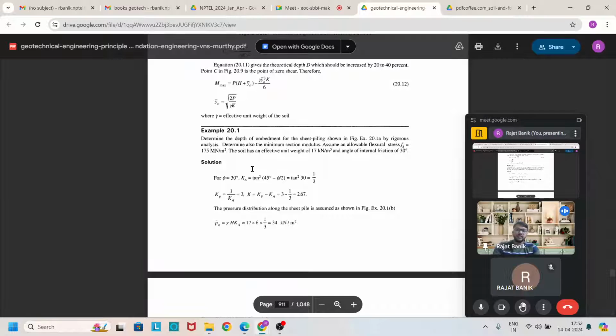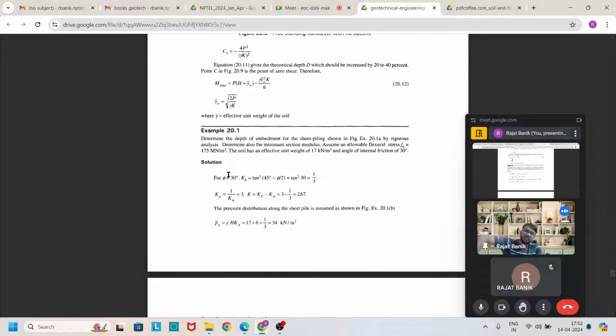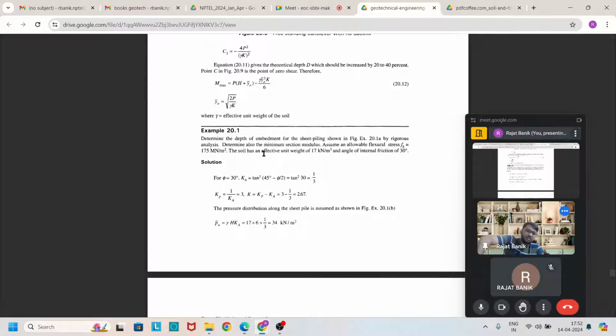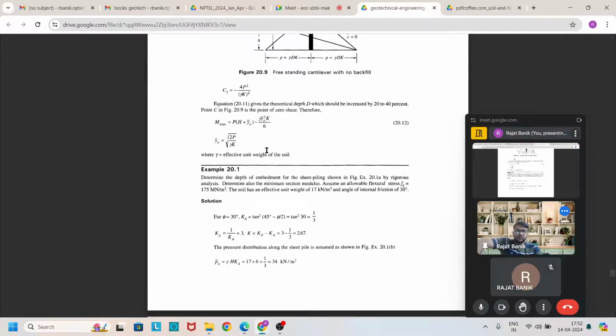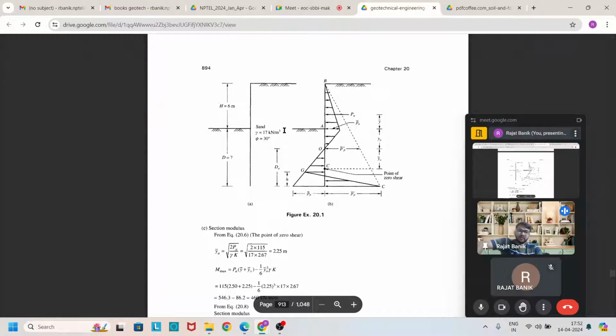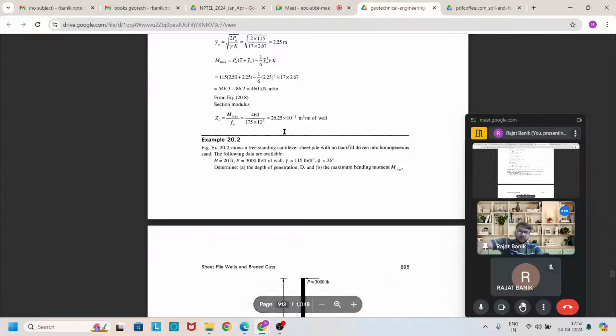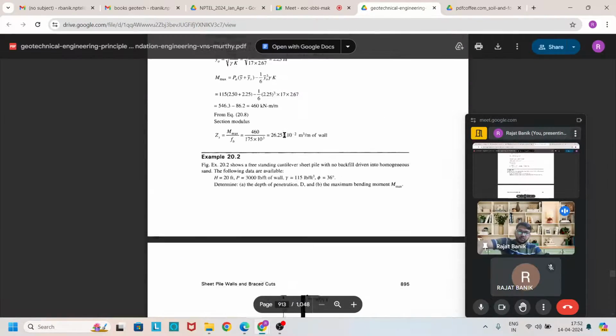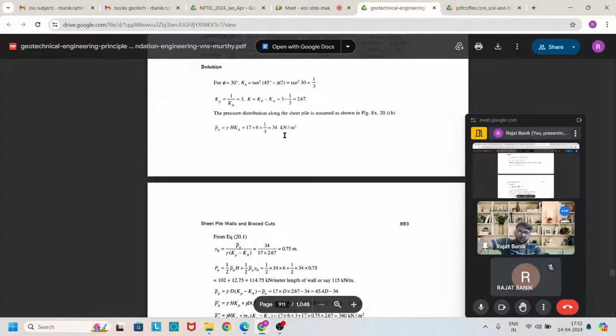By rigorous analysis, it is already said rigorous analysis. I think in your exam a simplified method will come, because it is a very simple way to define. But here only the sophisticated or rigorous method is given, so I'll go through it.